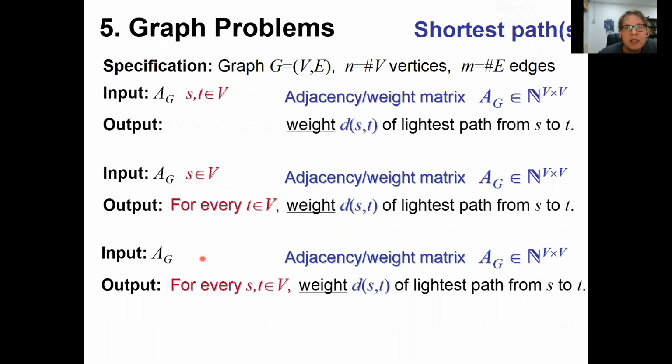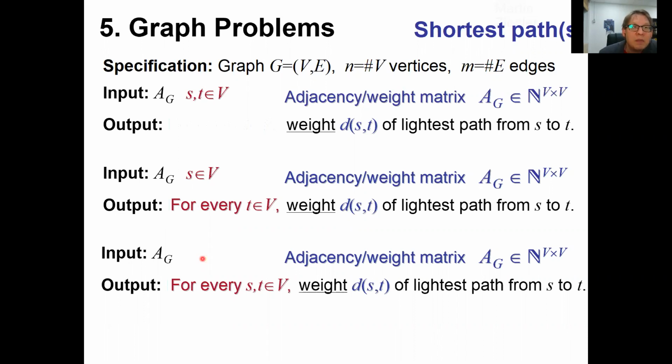And as you can imagine, any algorithm for solving the first problem gives rise to a trivial, naive algorithm for solving the second problem by running the first algorithm repeatedly for all possible choices of t, incurring a cost of the first algorithm multiplied by n, namely for each possible choice of t.